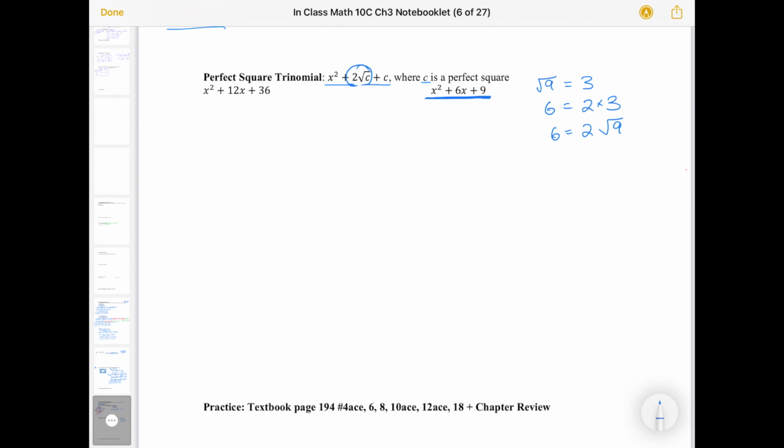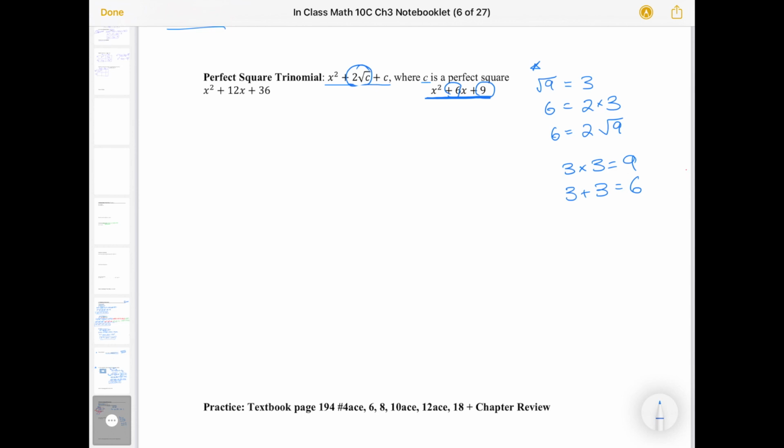Let's just factor it how we usually do, but keep this in mind. My usual factoring rules would mean that I need something that will multiply to 9 and add to 6, right? That's my basic factoring. And I know 3 times 3 is 9, and 3 plus 3 is 6.